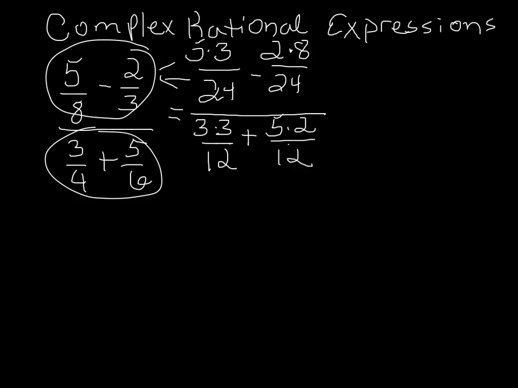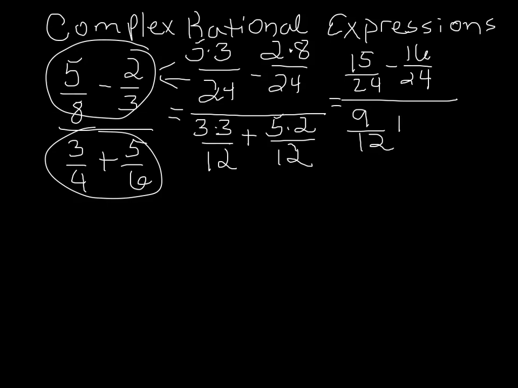Okay, so now what you want to do is just go ahead and simplify the numerator and the denominator. So up here we have 15 over 24 minus 16 over 24. And on the bottom we have 9 over 12 plus 10 over 12.